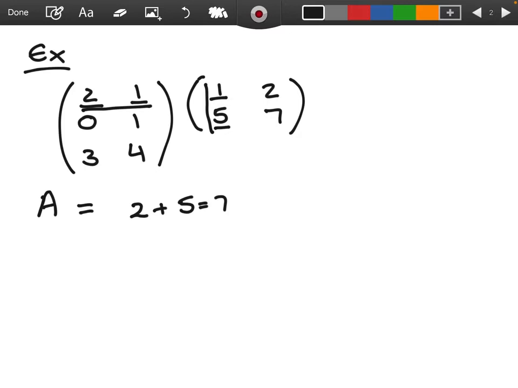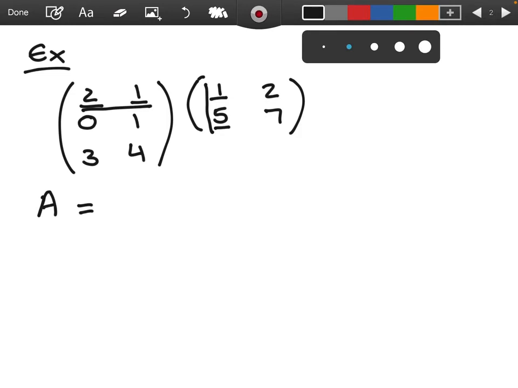I got that value by multiplying my first row by my first column. That tells me that that entry is going to go in the 1, 1 entry. That value came from multiplying row 1 by column 1. So my 1, 1 entry in my resulting matrix is 7. I took the dot product of the first row in my first matrix by the first column in my second matrix.